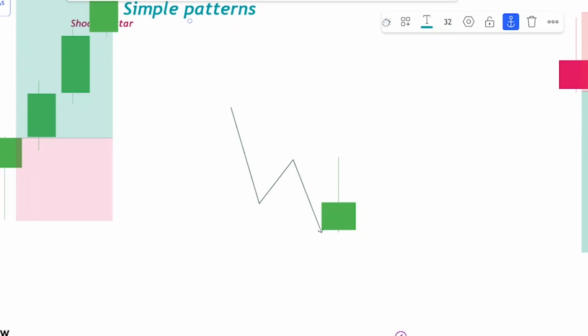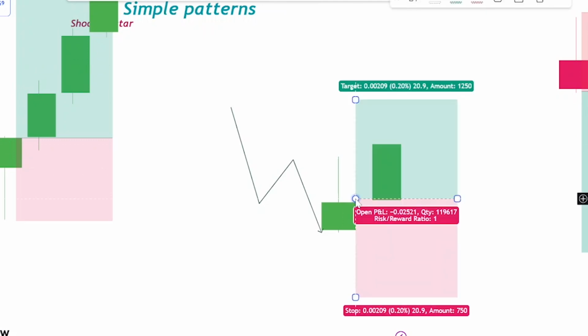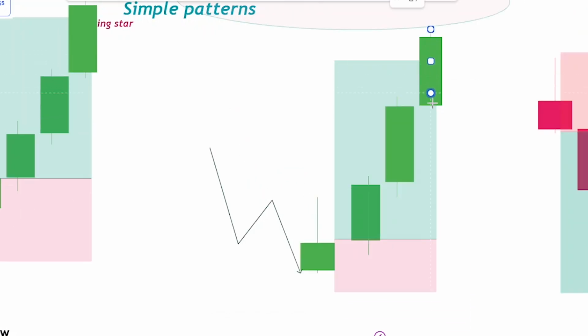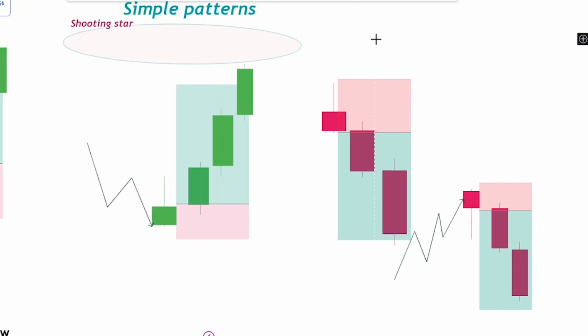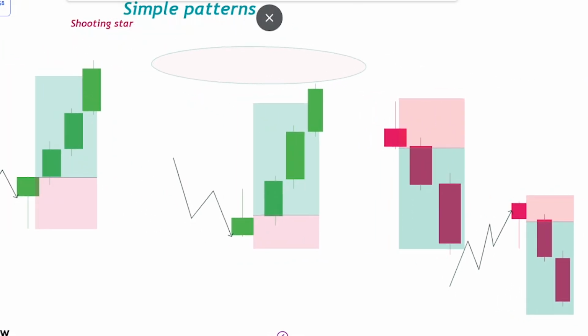When you see this candlestick, this is a signal that the market is going to be changing the direction to the upside. So we enter for buy from this area, anticipating the market to move up.